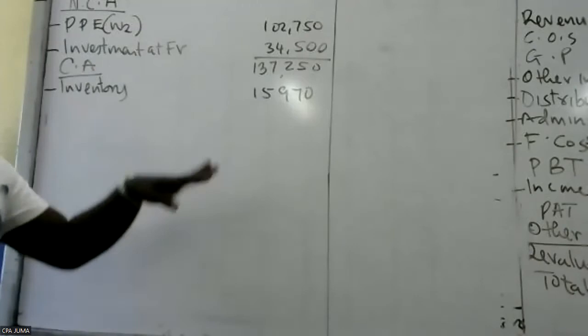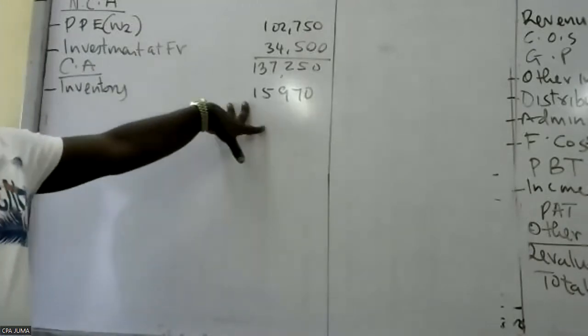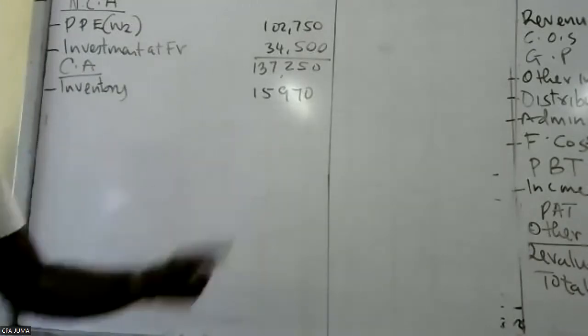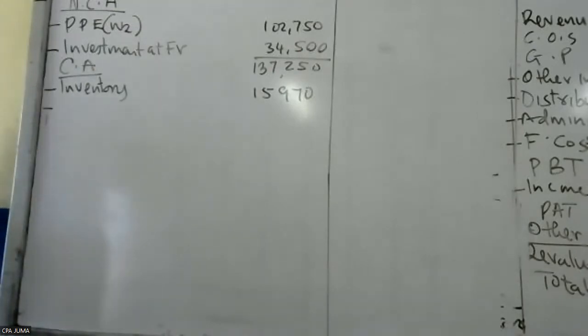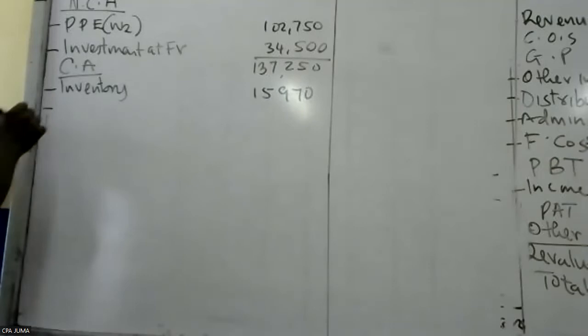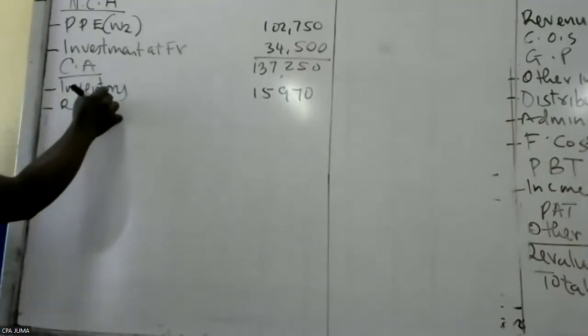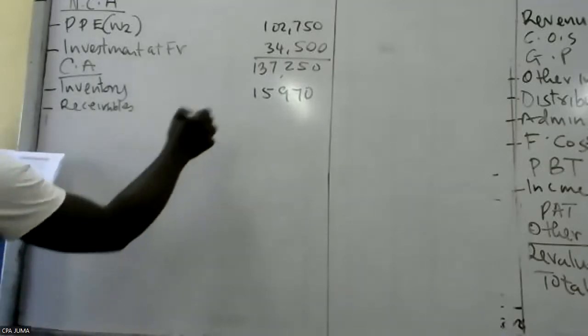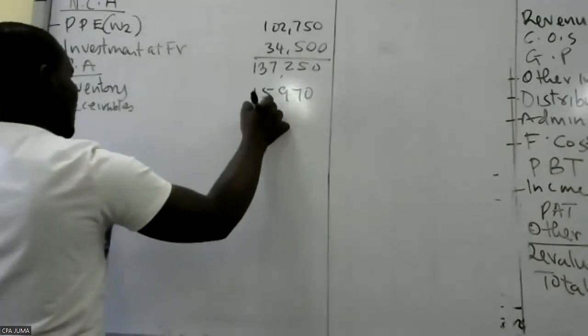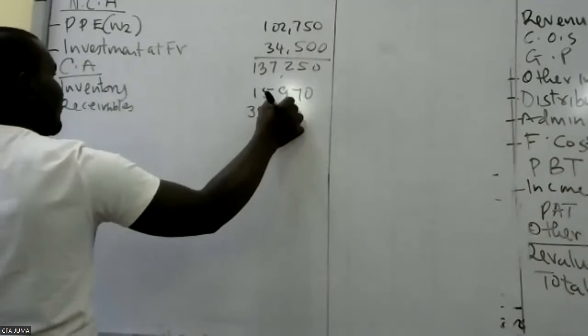Please check, it is where we worked out cost of sales. Then receivables. Look for receivables. Receivables is 35,950.